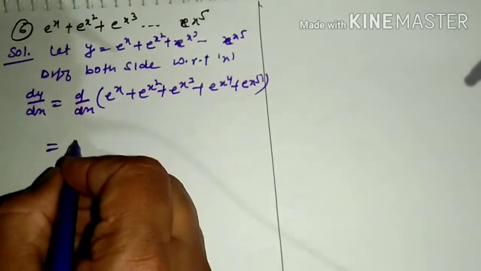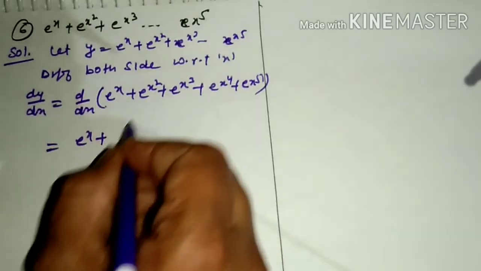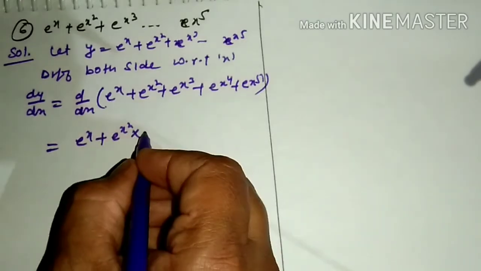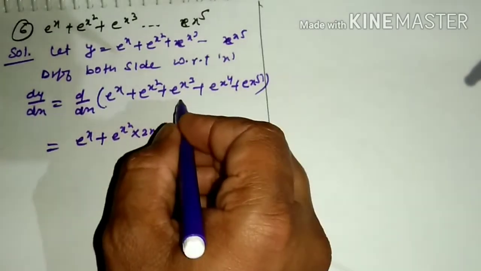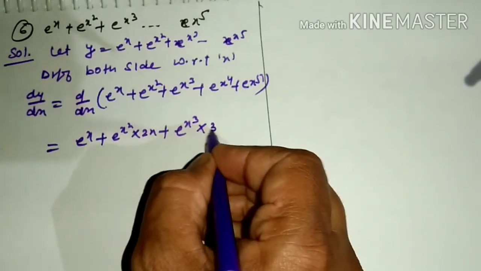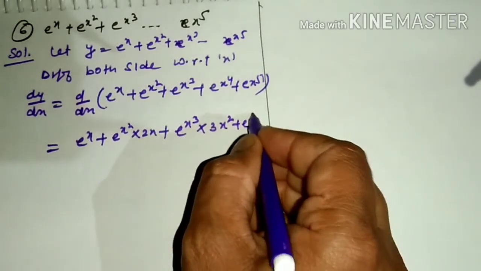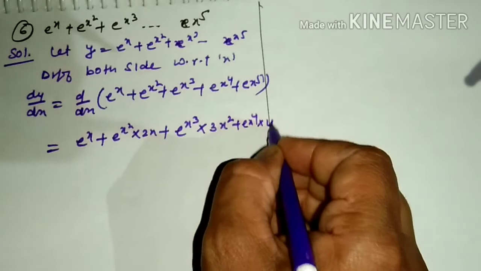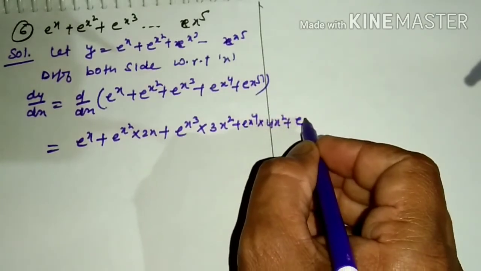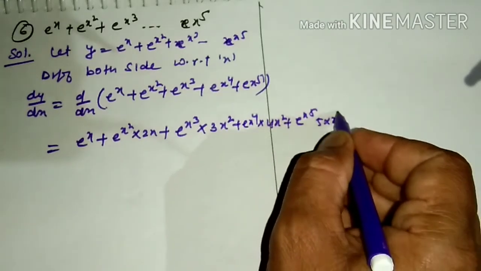Okay, so first e to the power x remaining same, in second e to the power x square and differentiation of x square 2x, plus e to the power x cube and differentiation of x cube 3x square, plus e to the power x to the power 4 and differentiation of this 4x cube, plus e to the power x5 and differentiation of this 5 into x4.